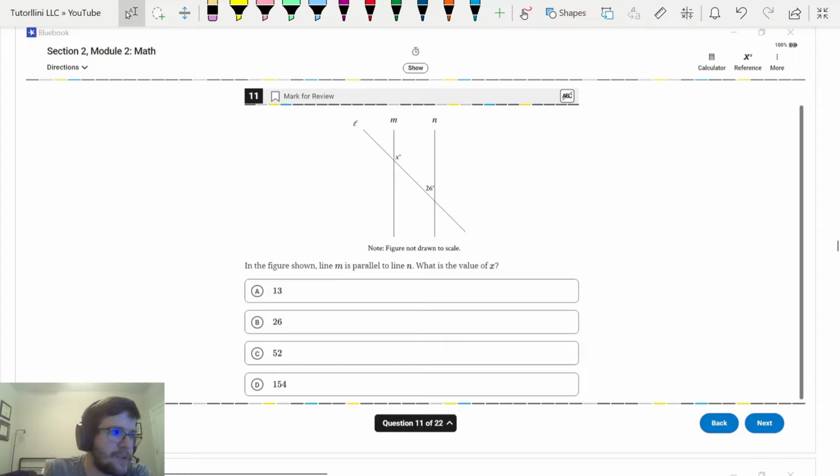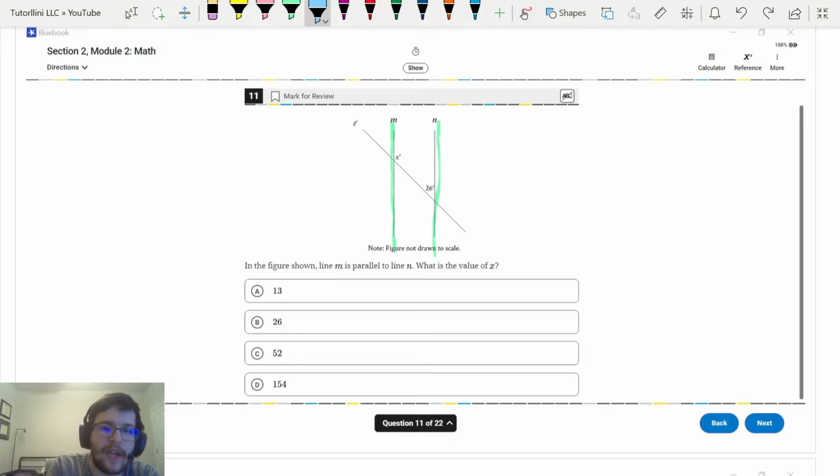Okay, so the College Panda angles chapter has a great picture that summarizes all the stuff you need to know about parallel lines. There's a bunch of ways to do this, but the fastest way for this one is to recognize that these are interior angles, so they're both on the inside of the sandwich.